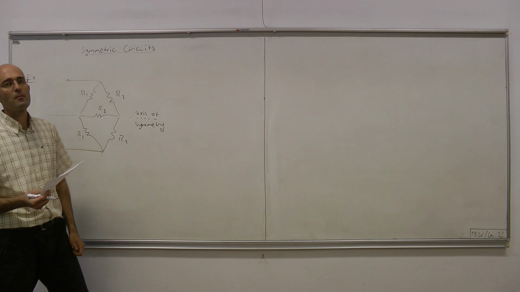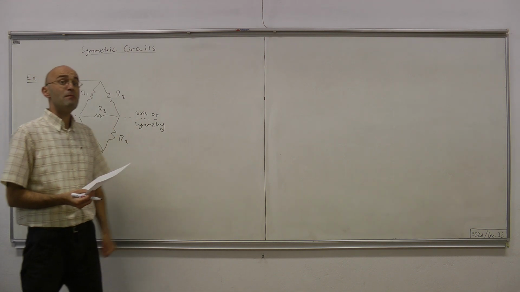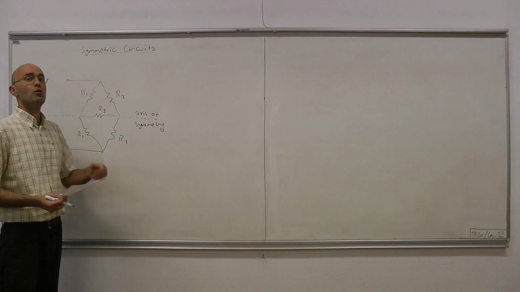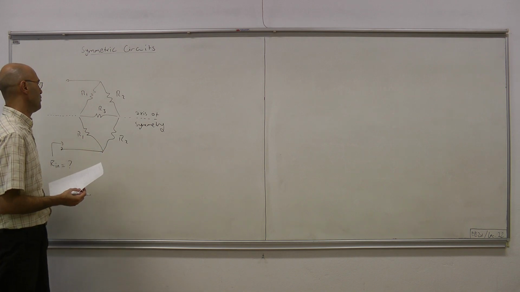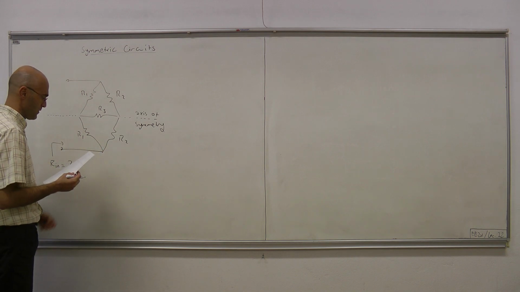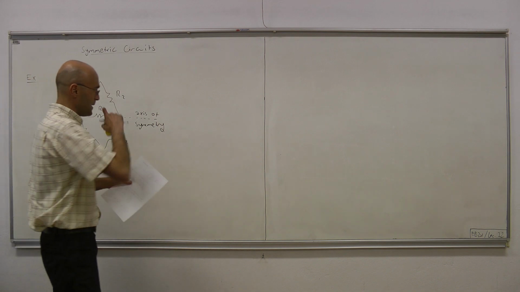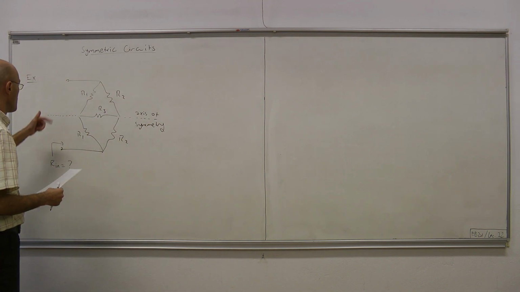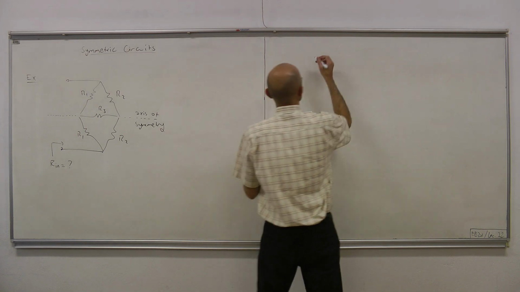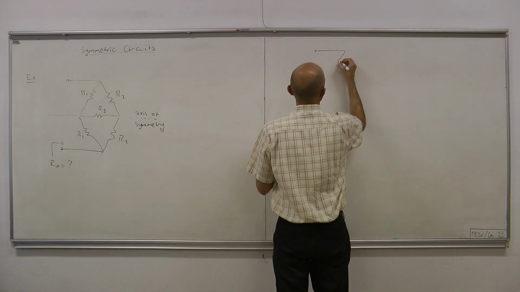Now the question is, how can we make use of that symmetry, or what are the implications of that symmetry? For this, let's connect a test source across the terminals.